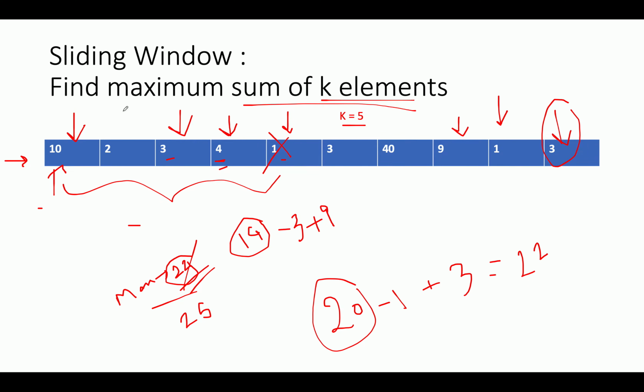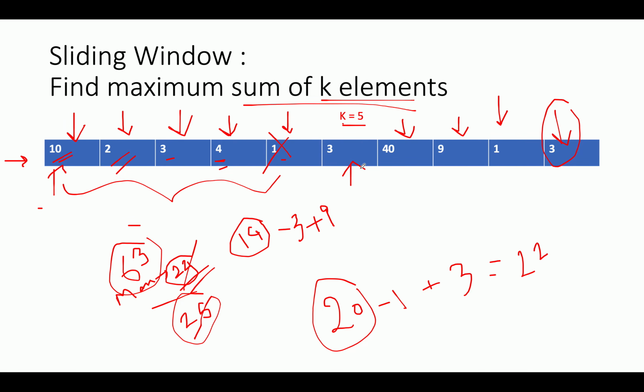And next we have 2, so we will reduce 2 from 25, that gives us 23, and we will add 40 to it. 23 plus 40 is 63. 63 is greater than 25, we'll update this to 63. And at last we will move the leftmost pointer to this index, and we will reduce 63 minus 10 plus 3.